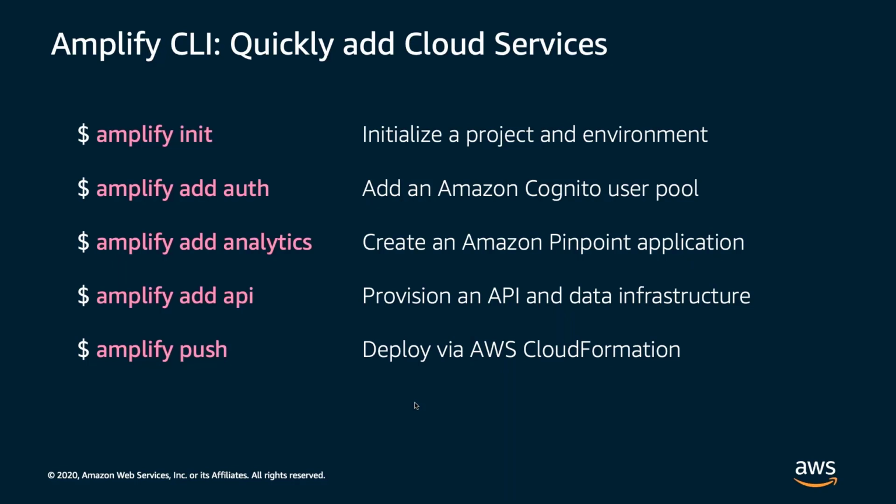And for today, we're just going to be working with auth, because it's probably the most popular category that's added to Amplify applications for obvious reasons. You know, it gives you a way to log in. It gives you a way to federate users if you desire to do that. So we'll be handling auth today using the CDK. And once you're finished configuring your application, you just call Amplify push. It generates a CloudFormation template and deploys that template to AWS.